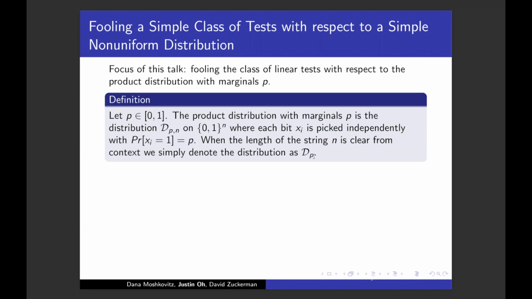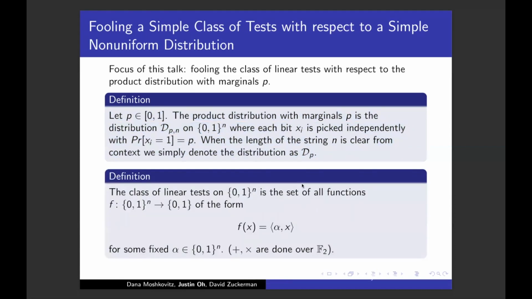We'll just say d sub p if the length of the string n is clear from context. This distribution is a fairly simple generalization of, say, the uniform distribution, where now the probability of getting heads is no longer 1/2, but now some small probability p.